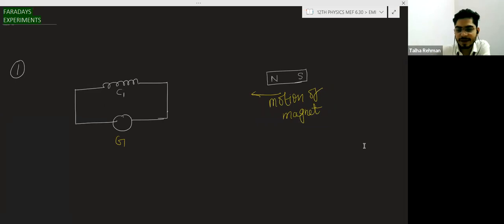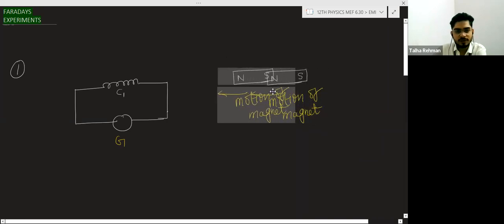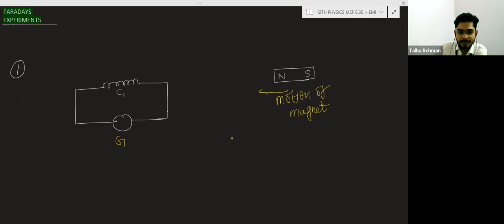So due to the motion of the magnet towards the coil, the magnetic field at the coil is increasing. And we know that the magnetic flux is equal to BA cos theta, and if area and cos theta remain constant, then the magnetic flux is directly proportional to the magnetic field.